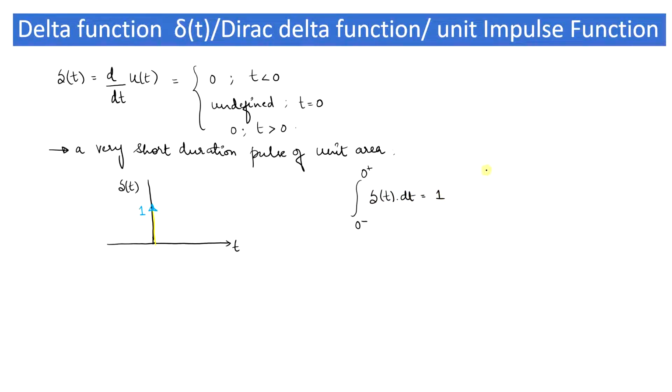So as shown, mathematically we obtain a short duration pulse of unit area wherein t equal to 0 minus denotes the time just before t is equal to 0, and t is equal to 0 plus corresponds to the time just after t is equal to 0.